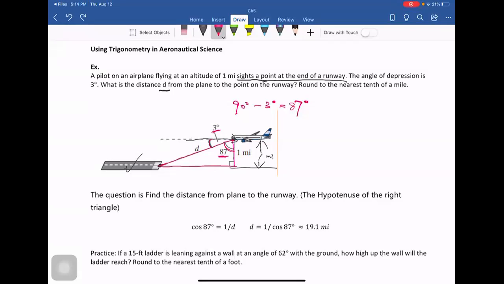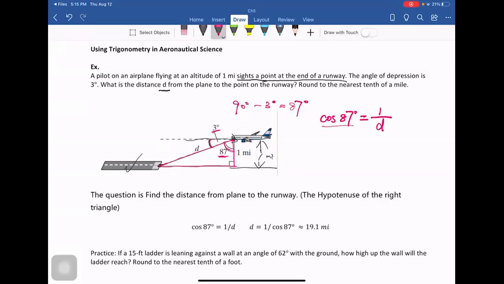That is cosine 87 degrees equals adjacent, which is 1, over the hypotenuse, which is D, because we are looking for D. So I can take the reciprocal of both sides.